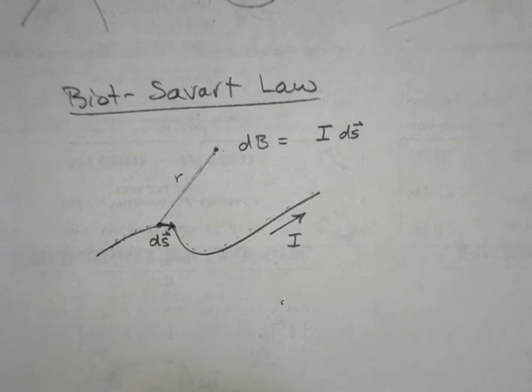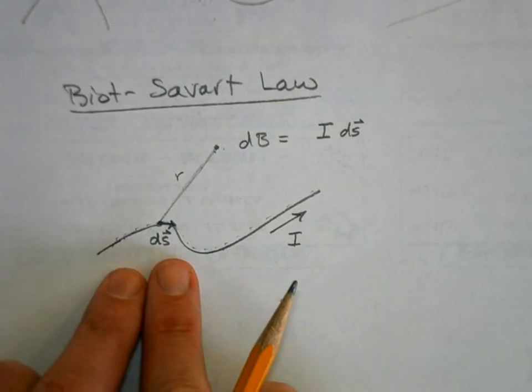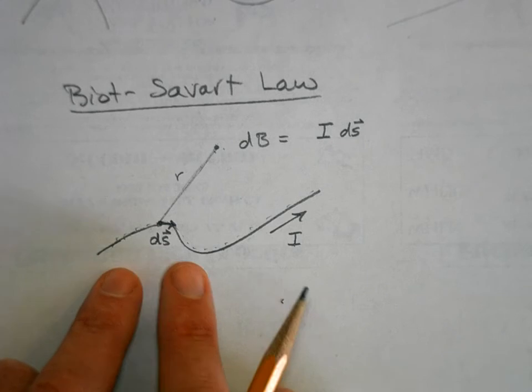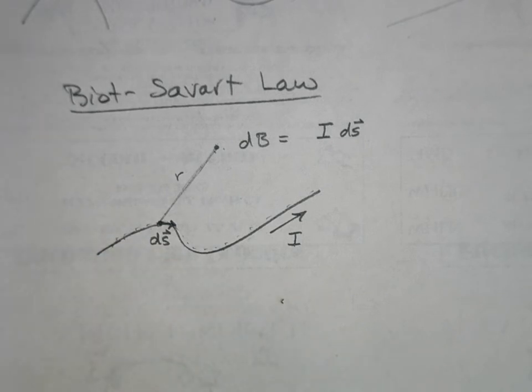Now this is going to be kind of weird, but you have to think weird when you're dealing with magnetism. Think of it as a point current. Remember we had a point charge or a point mass? When we had a point charge or a point mass, didn't the field decrease by the square of the distance? If you were twice as far away, you had 1/4 as much gravitational field or electric field. Same thing is true here.